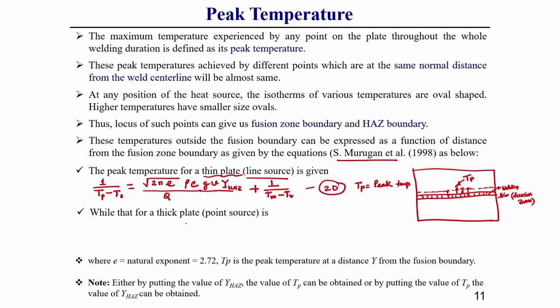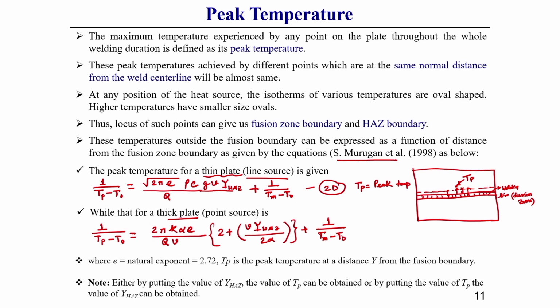Now, for the thick plate case, this peak temperature equation can be written as 1 by Tp minus T0 equals 2 pi k alpha into e divided by Q into V, squared, plus V into Y heat affected zone, divided by 2 alpha, plus 1 by Tm minus T0.